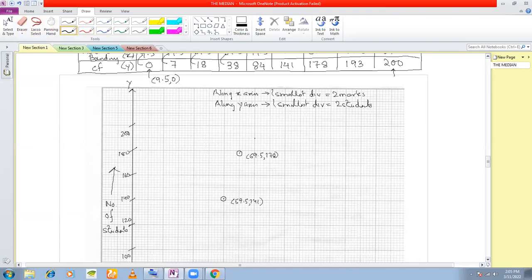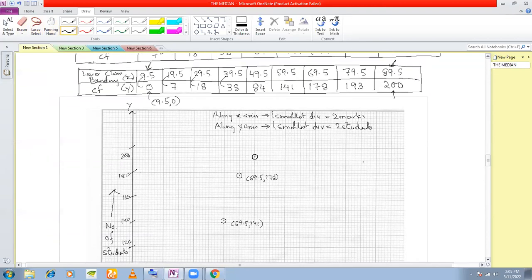From here you move 1.5 divisions, so this will be your 193. So this is 79.5, 193. And the last point that you have is 89.5, 200. So we have plotted all the points.